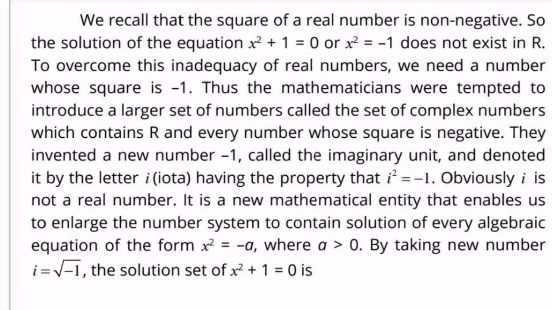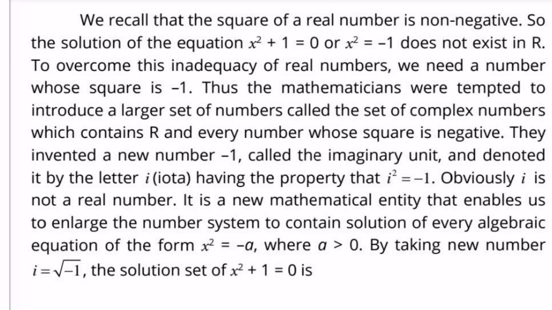That means iota is denoted by square root of minus 1. This is called the imaginary unit, having the property that iota square must be equal to minus 1.